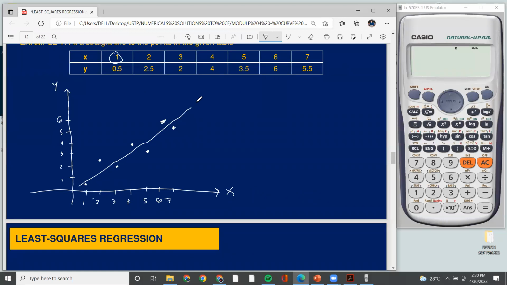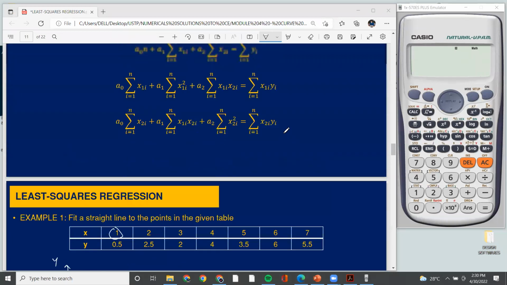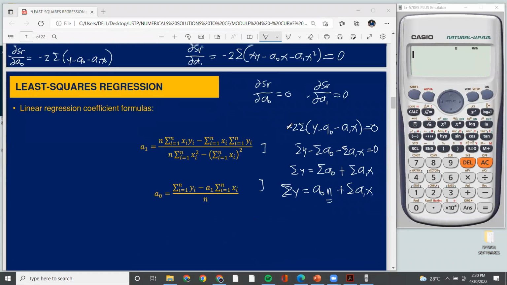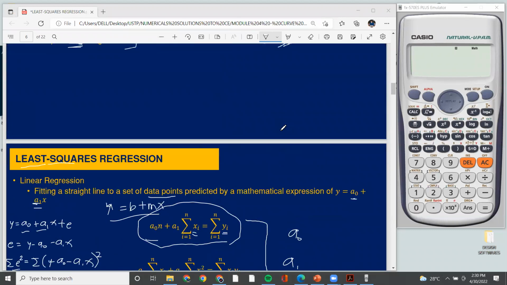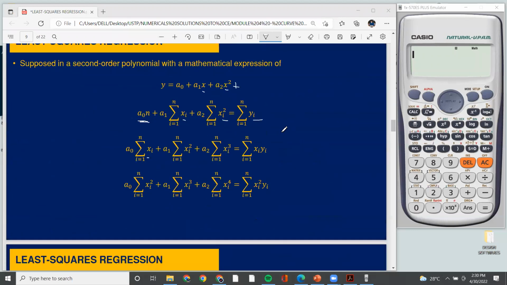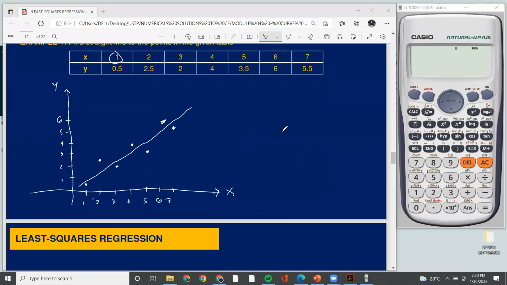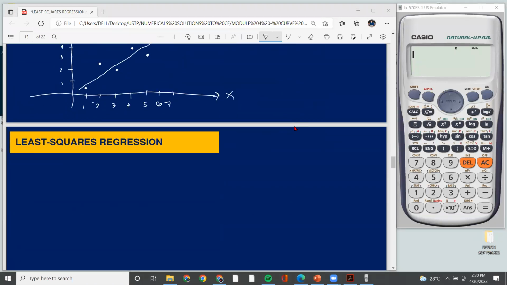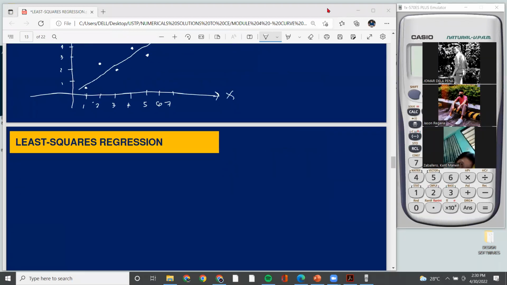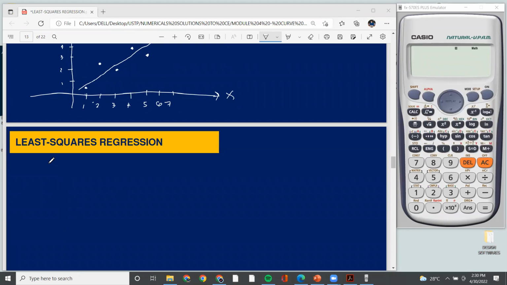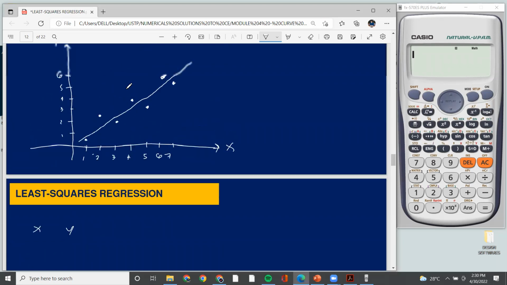If mo-draw ta ug straight line, naay siya error. Okay? So, atong buhaton, gamitan nato siya ani nga mga formula para makakuha ta ug corrected nga value ni y. Okay? So, first, ato siyang buhatan ug table. So, x sa itong formula, we have the x, the y, no?